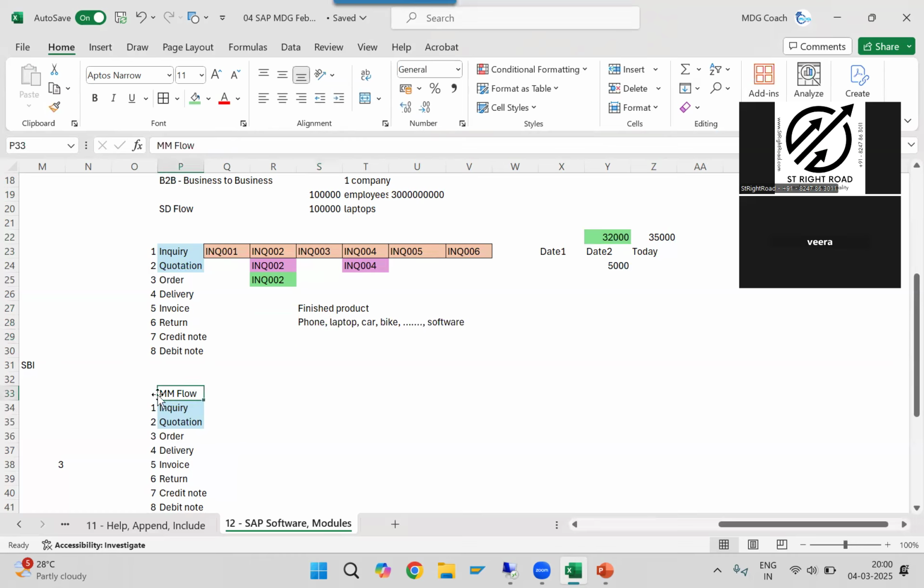Okay, coming to material management, here it is raw products. Let's say you are in a construction-based company. What will you do? You will get sand from one vendor, stone from one vendor, and wood from one vendor, labor from one vendor, right?